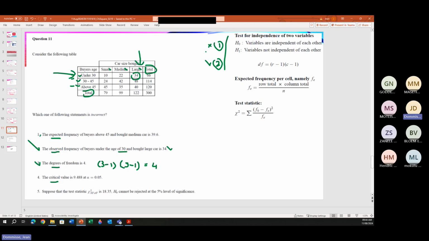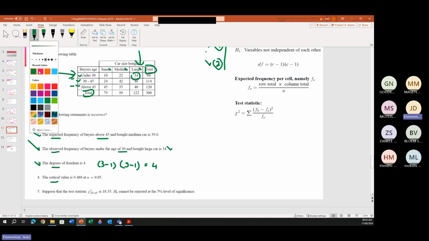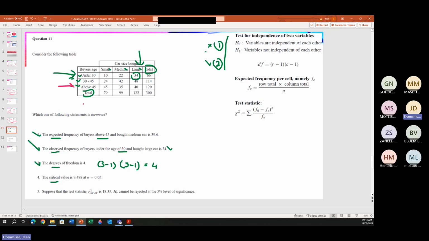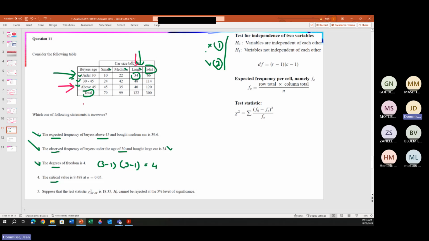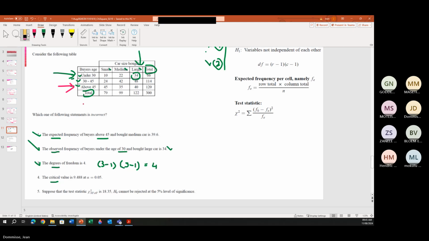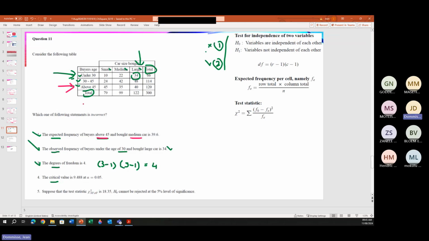Okay, expected, let's work that out. Expected of buyers above 45 and a large car. Okay, so large and above 45. The expected, oh, sorry, now I mixed up my 2 questions. So above 45 and medium.